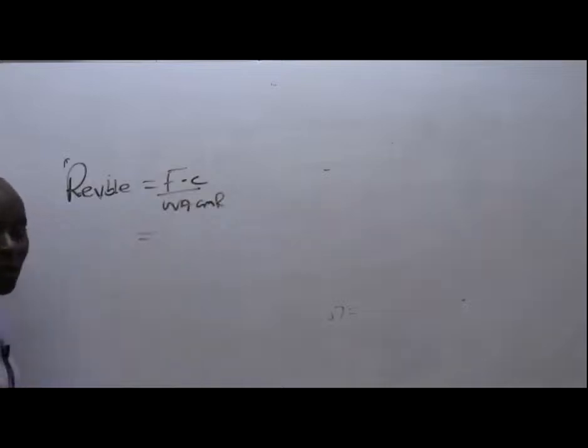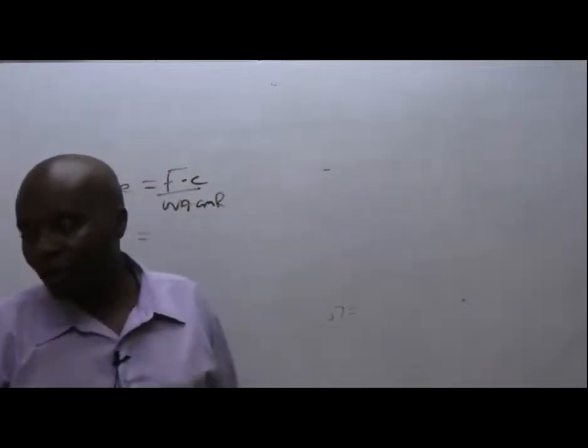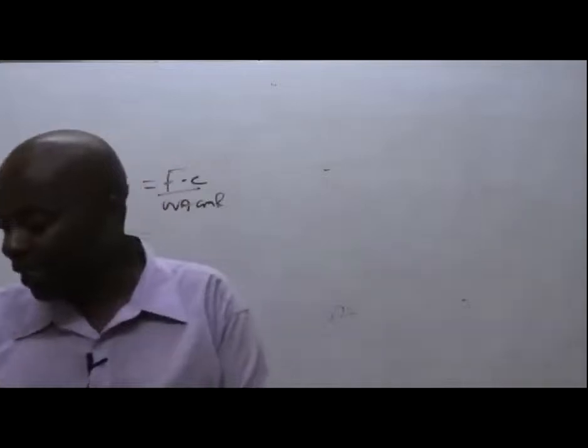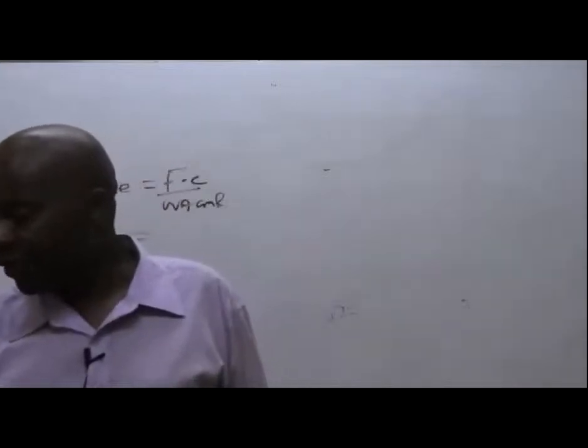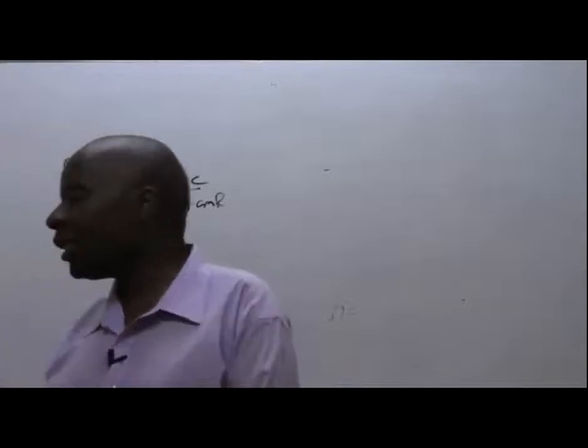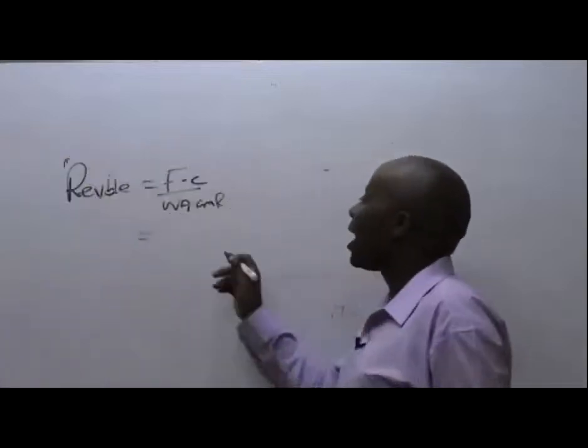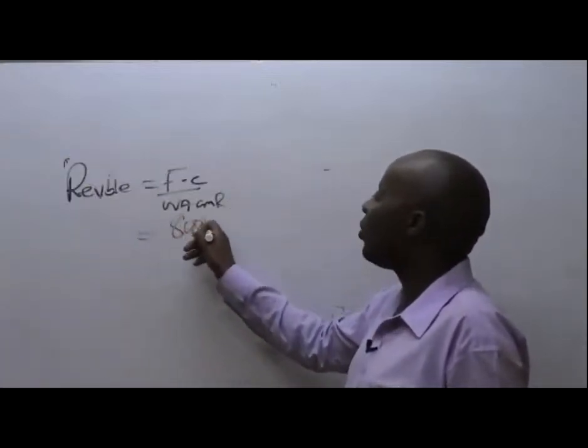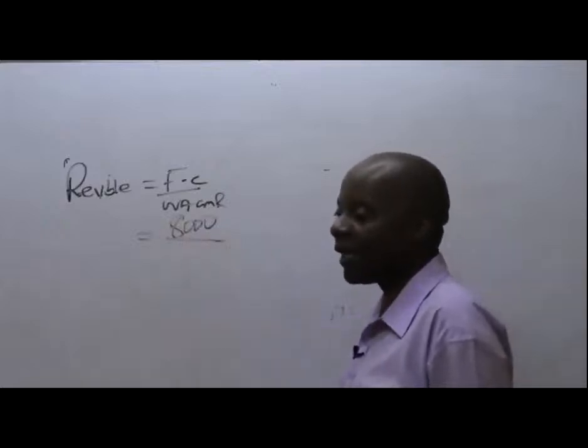The fixed cost remains. The fixed cost that we have here is 8,000, divided by our WACMRI. Our WACMRI was what here? Somebody who can remind us this figure.